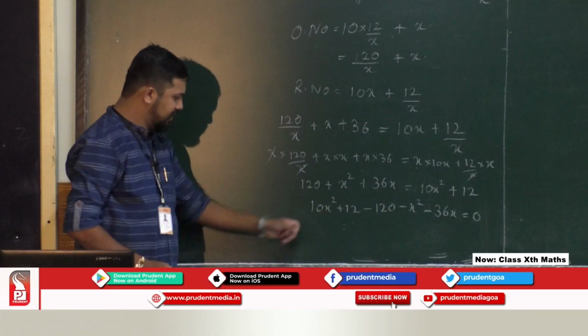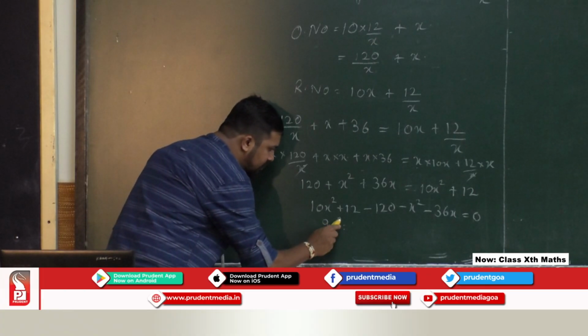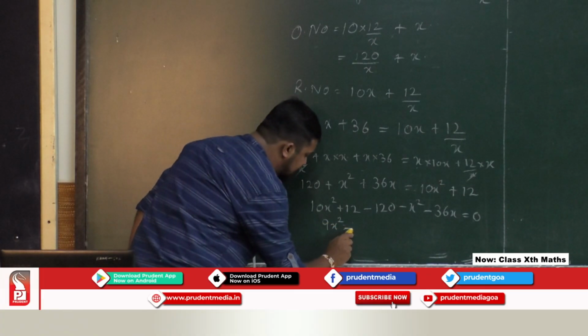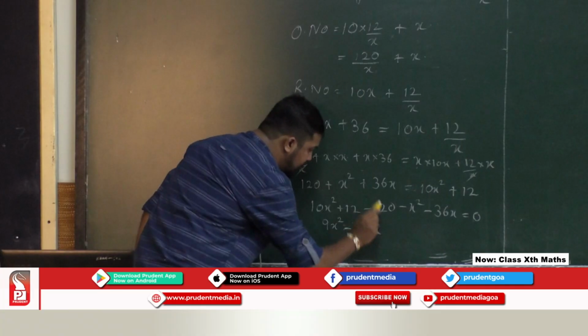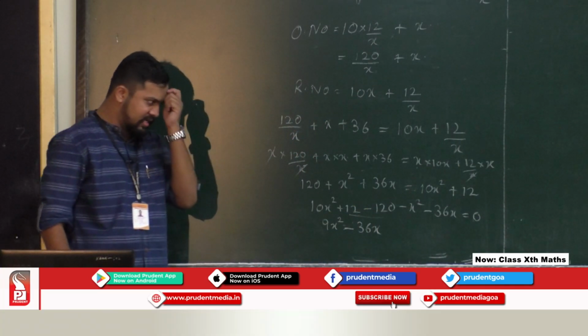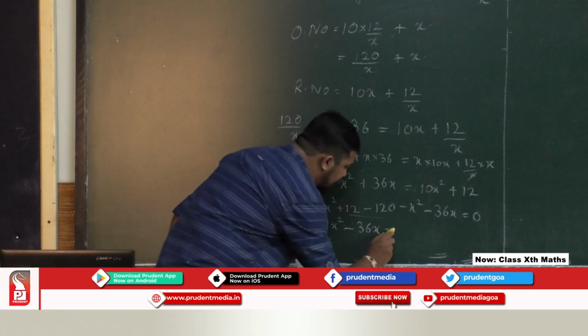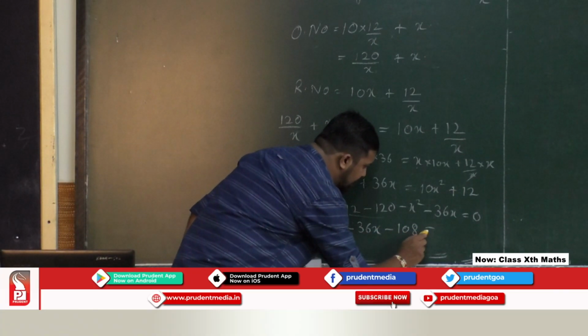Let us combine like terms. 10 minus 1, 9x square, minus 36x, and 120 minus 12. So negative 120 minus 12 gives minus 108 equal to 0.